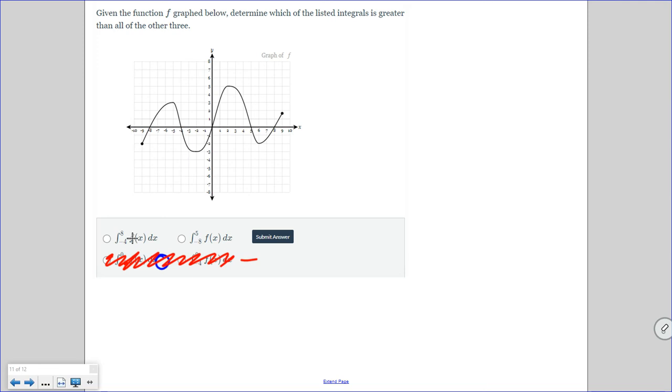So from -4 to 8, or from -8 to 5. So -4 to 8 would be this part, and this part, and then this part. And then from -8 to 5 would be this part until here.